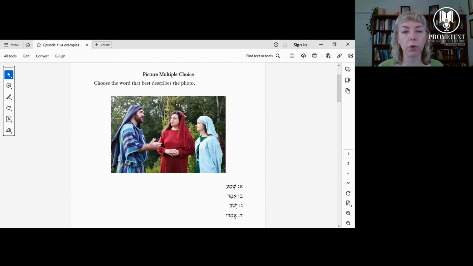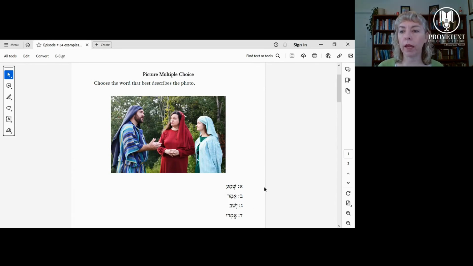This first example gives you a photo of 3 people acting out a particular set of actions. You can see that the man on the left, if you're watching on YouTube, if you're just listening, I'll try to describe it here. There's a man on the left who is clearly in the process of talking, and 2 women on the right who are standing silently listening.